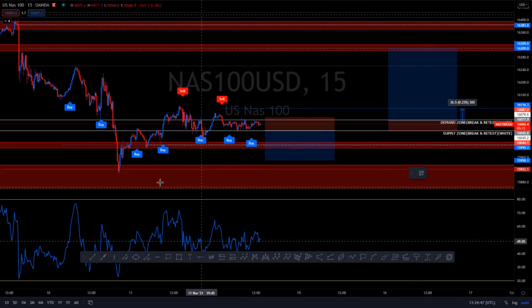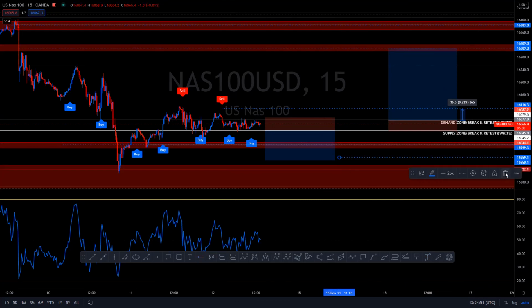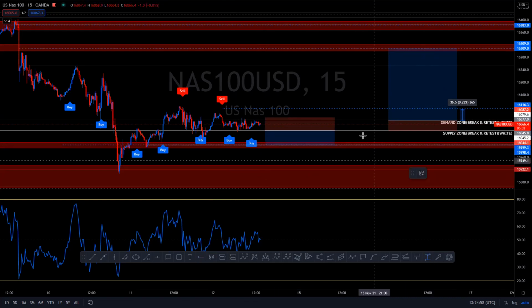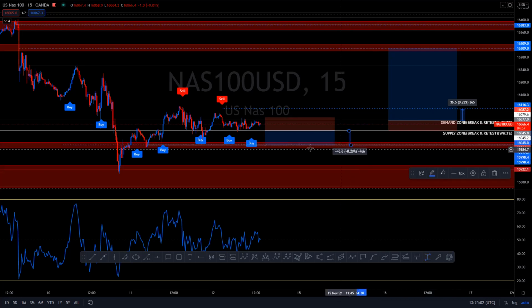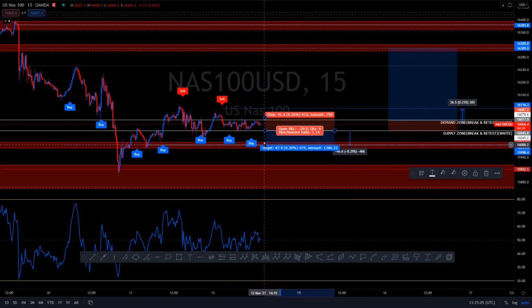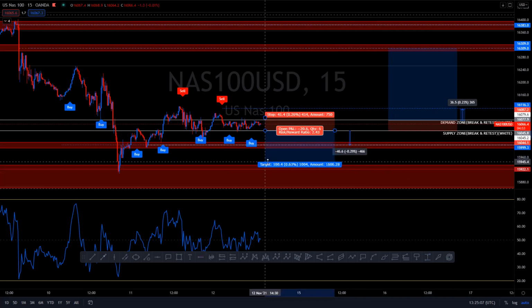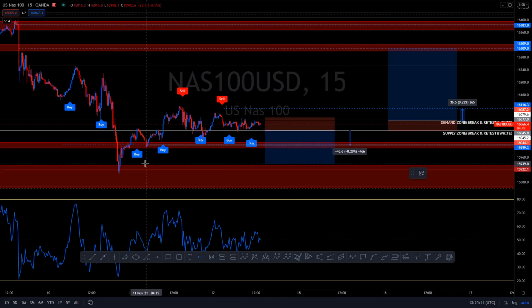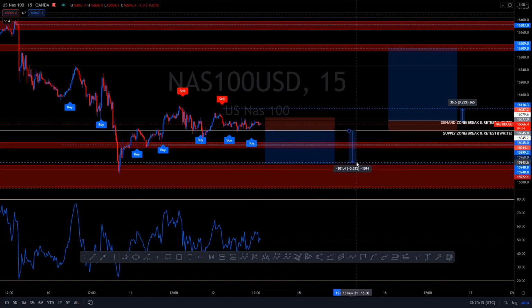Now, first take profit for the sell would be this one. If they only fill 50%, how many pips is that? Yeah, that's a good one. That's 400. That'll be a bag. Then I'll make the second one at this point, which will be a very good bag as well.